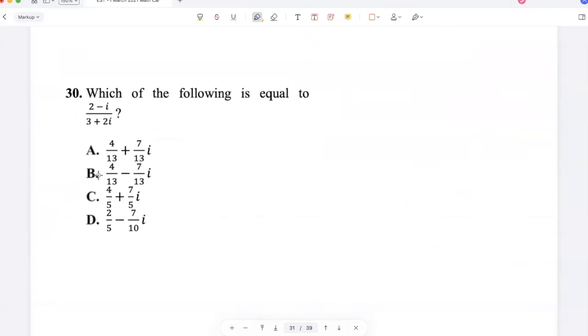Which of the following is equal to this? 2 minus i divided by 3 plus 2i. So I'll multiply the numerator and denominator with the complement of the denominator, which is 3 minus 2i.